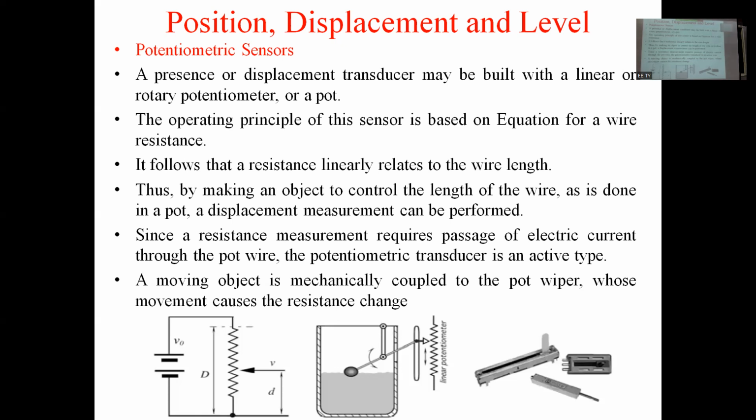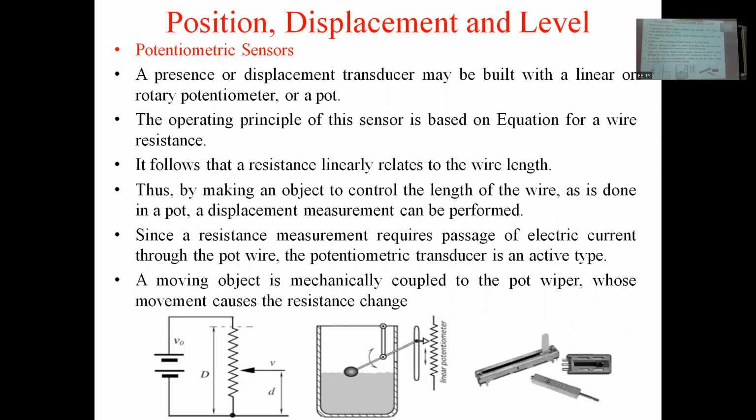In this type of sensor, the working principle or operating principle depends upon the resistance equation, R is equal to rho L divided by A. And if the length changes, its resistance changes, and if the resistance of that potentiometer changes, then the voltage obtained from that transducer or sensor will change.